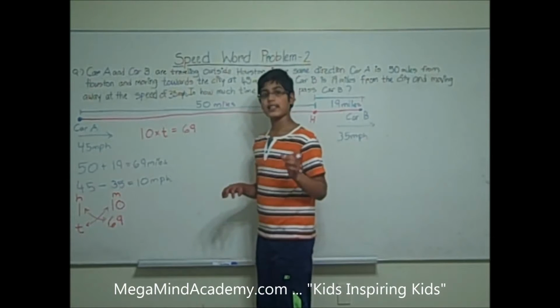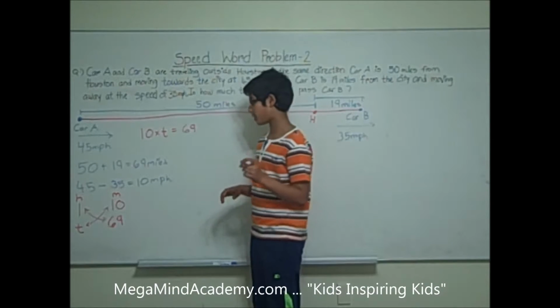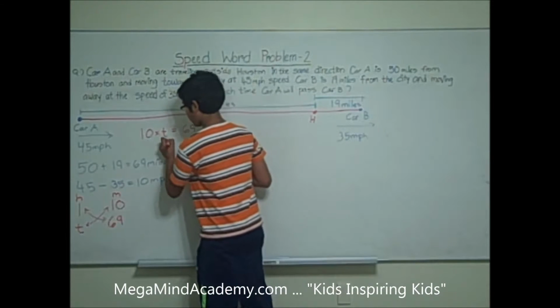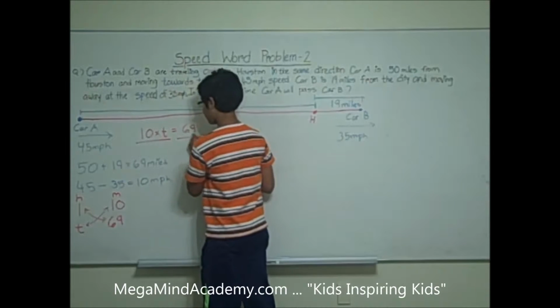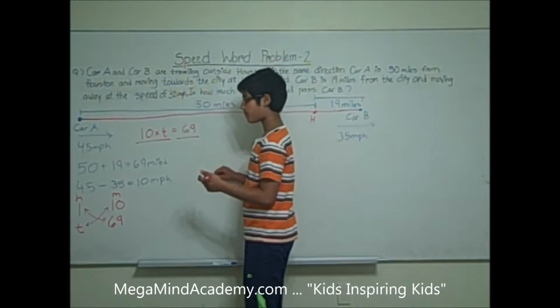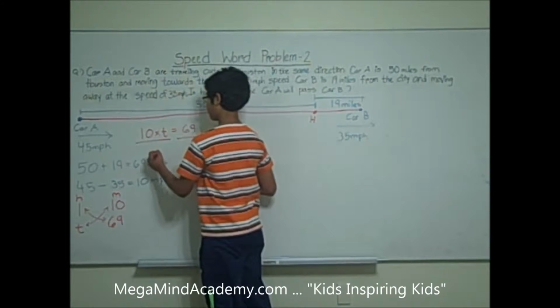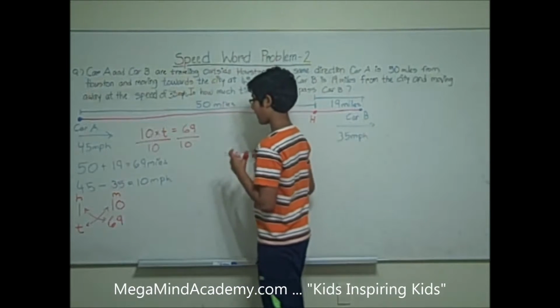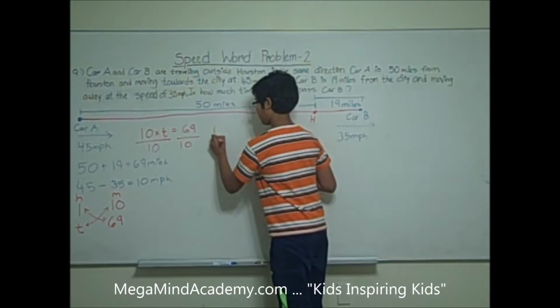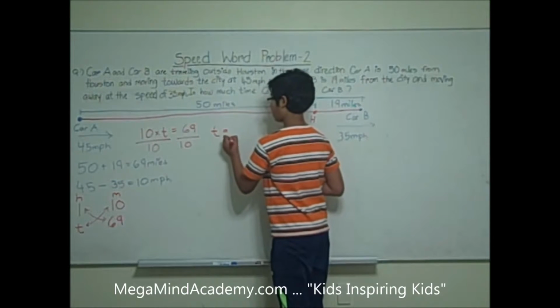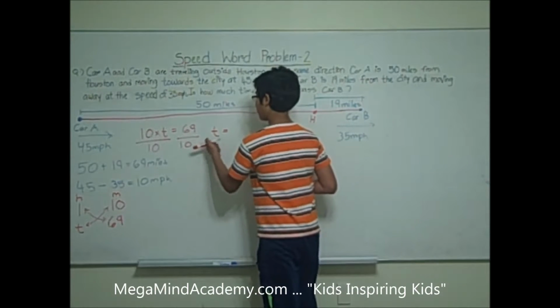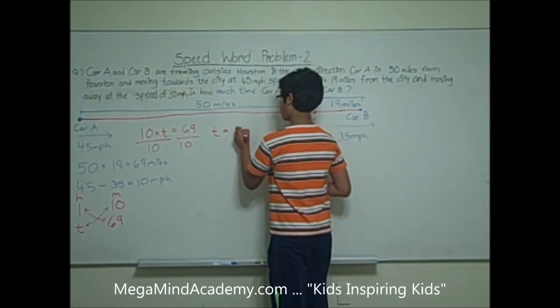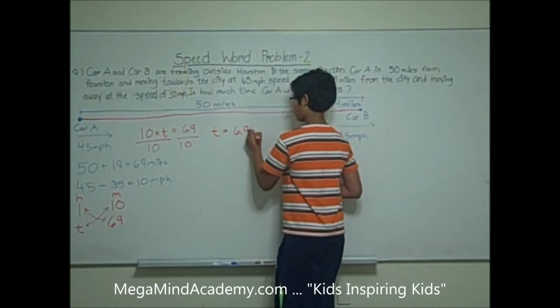Now, we need to get T on one side of the equation. So, we need to divide both sides of the equation by 10 to get rid of this 10. Divide by 10, divide by 10. So we get T is equal to 69 divided by 10, which is 6.9 hours.